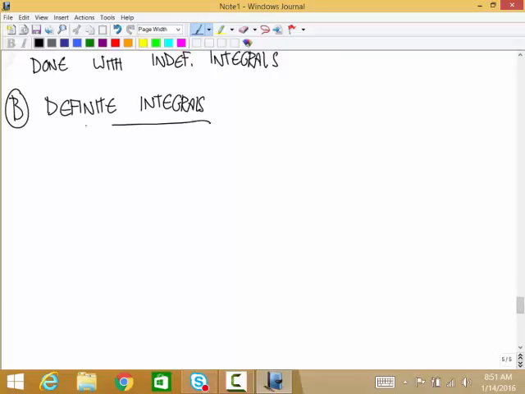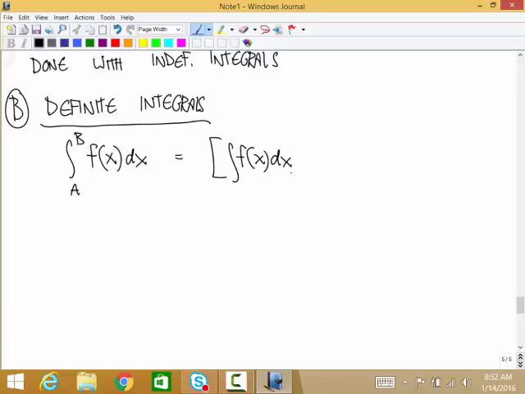And so we define the integral from independent variable value a to independent variable value b of f of x dx as equal to the indefinite integral of f of x dx evaluated at b minus the indefinite integral of f of x dx evaluated at a.